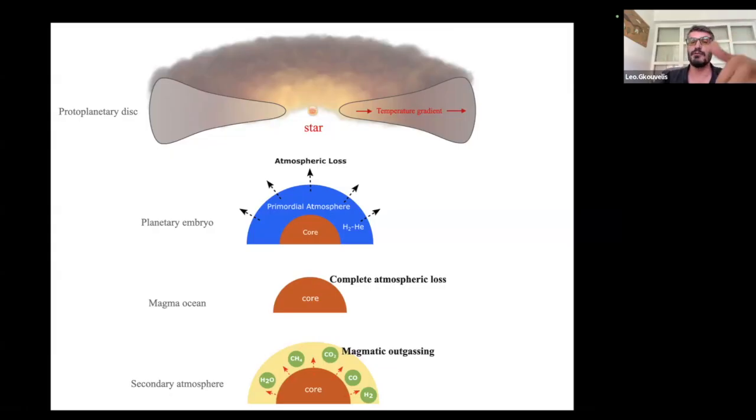And of course, what kind of material will be outgassed and what kind of secondary atmosphere you would have on the rocky planet totally depends on the chemical inventory you would have in this, let's say, interior melt of the planet, which of course depends on the initial conditions and the formation history.